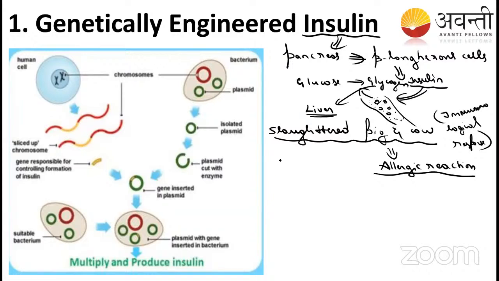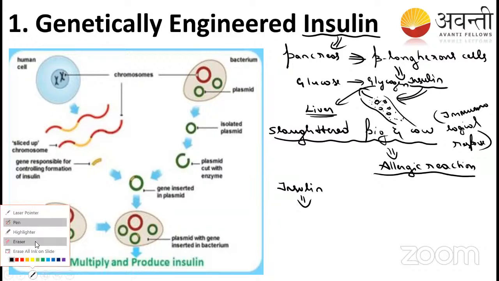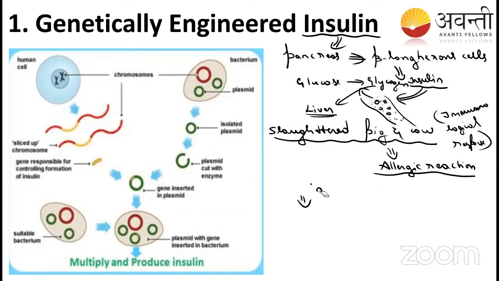So what is the process? Whenever insulin is produced in our body, it is produced in the proinsulin form.